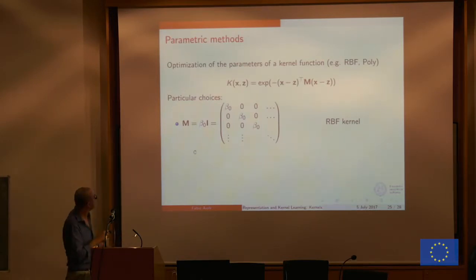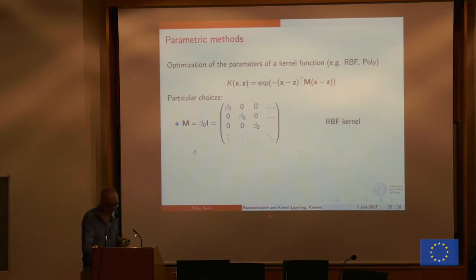In this M, you can also give some constraints. For example, in the basic case, this M will be of this form, and you can recognize that this form is exactly the radial basis function kernel, where gamma is now beta 0.